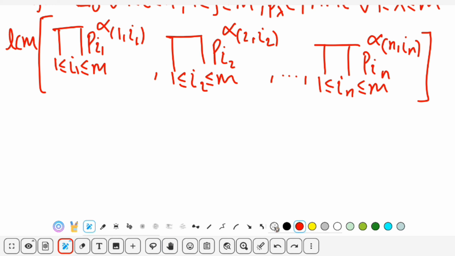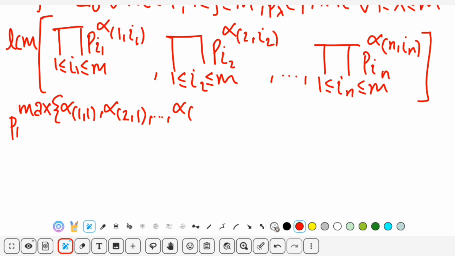Let me show you. So here p1 raised to the power the maximum of alpha 1,1, alpha 2,1, up to alpha n,1.